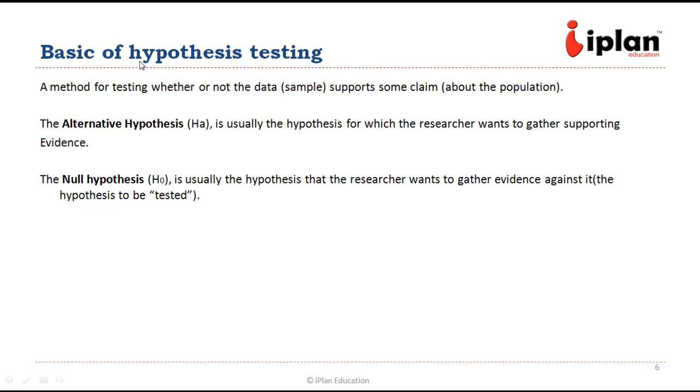Hypothesis testing helps us to find out whether a claim about the population is true through a sample. For example, there is a large factory which is producing say 10,000 products daily. So our population size is 10,000.